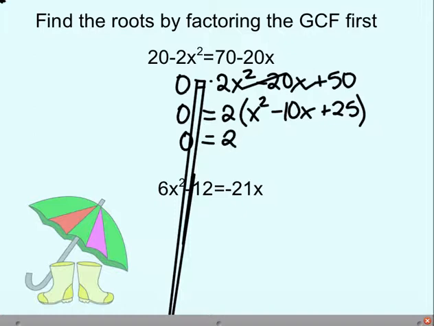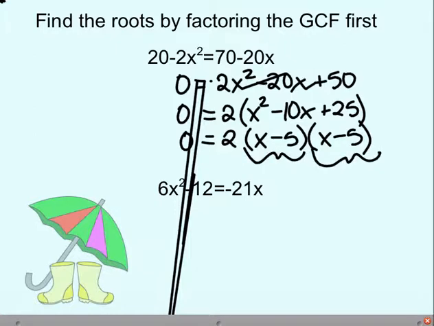So we say 2 times x minus 5 and another x minus 5, which means we're still equal to 0, so either this quantity has to be 0 or this quantity has to be 0. So my solution is here 5 and here 5, which means I just have one solution. X could be 5.